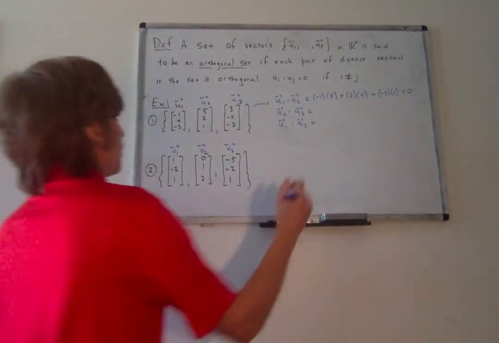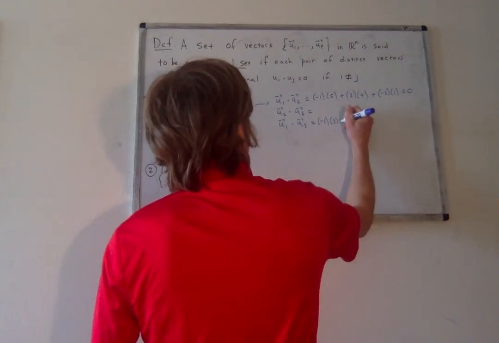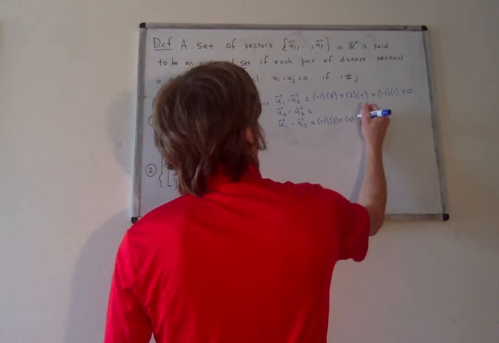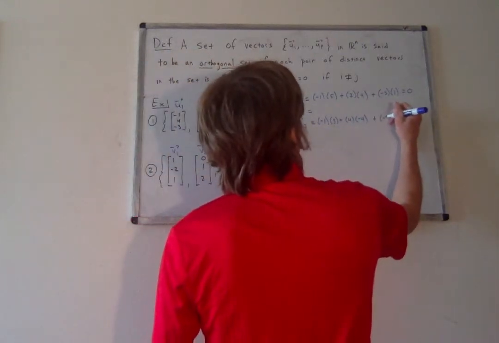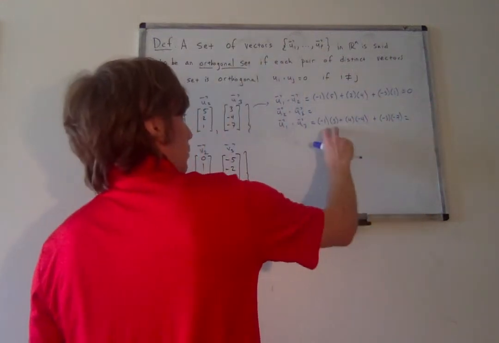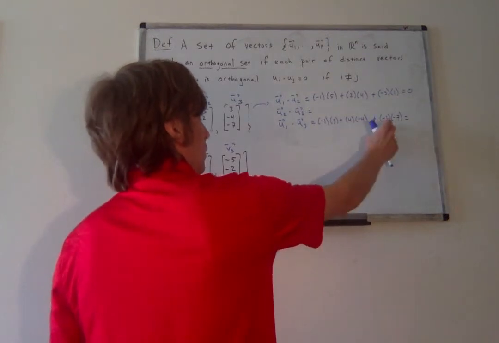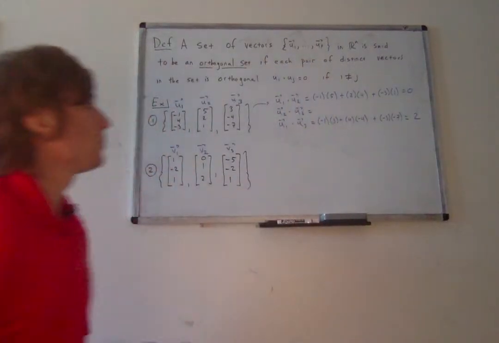But I believe if we did u1 times u3, and of course we can do these in any order really, this one is going to break, I think. Notice here we've got -3 minus 16 is -19, but -3 times -7 is 21, and so this is equal to 2.